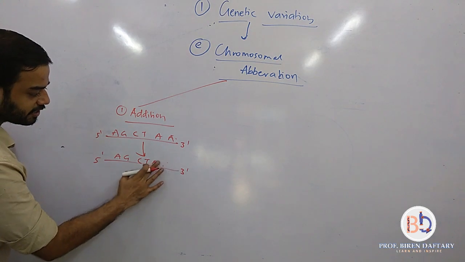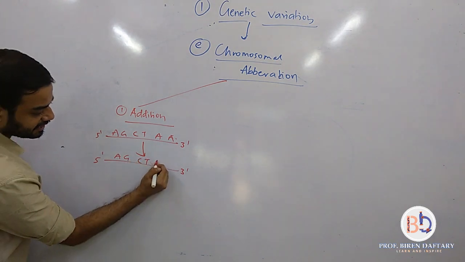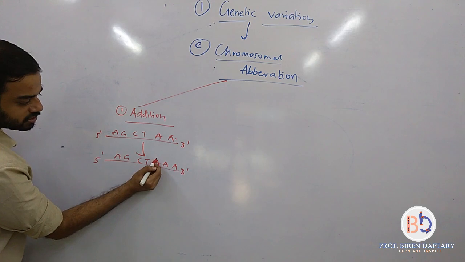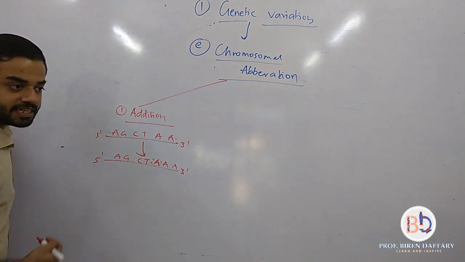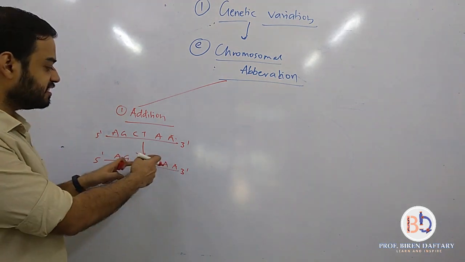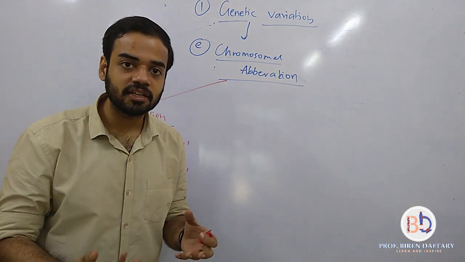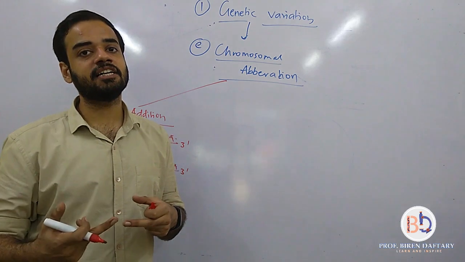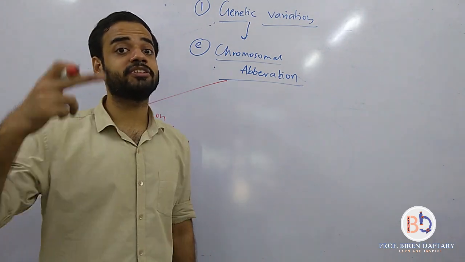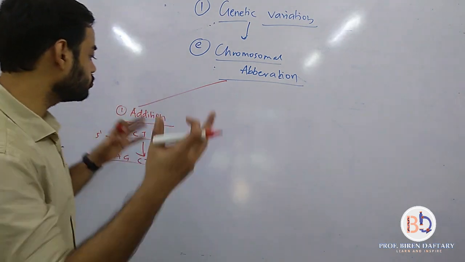Sorry, I wrote an extra A over here. So this will be C T A. Now this A is an extra A. It has been added. So this is changing the shape of the chromosome because the nucleotide sequence has increased. So this will cause a change in DNA, it will cause a change in chromatin, it will cause a change in chromosome. So this is called chromosomal aberration.